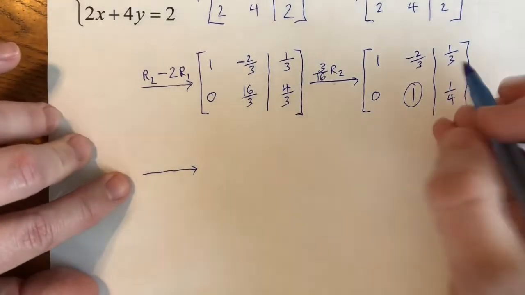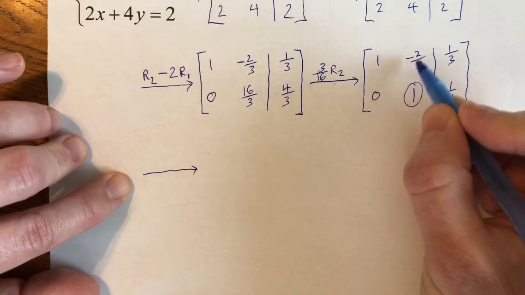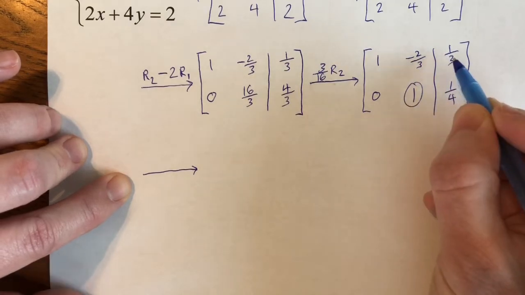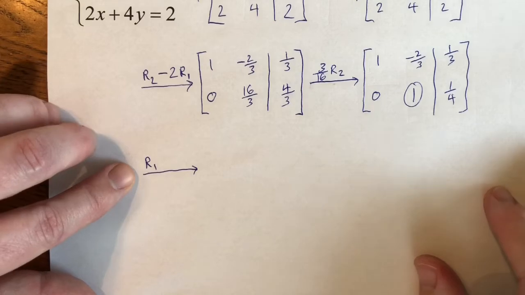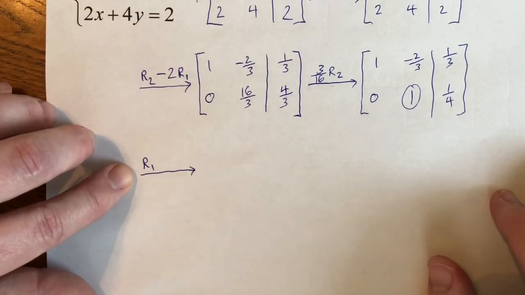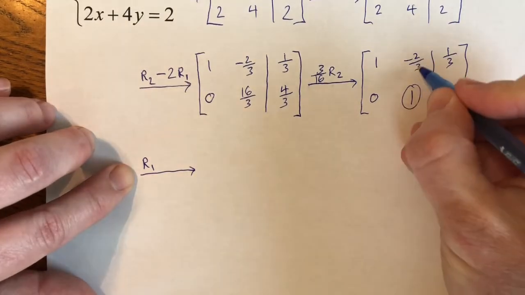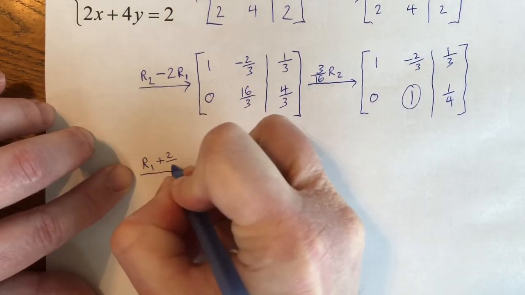So with that being said, what row is changing here? Well, row 1 is, because I want this to become a 0, and that's in row number 1. So we're going to write down row 1 first because that's the row that's changing. This is the appropriate notation going through this process. The next thing I'm going to do is write down the opposite of this number, which is a plus 2/3.